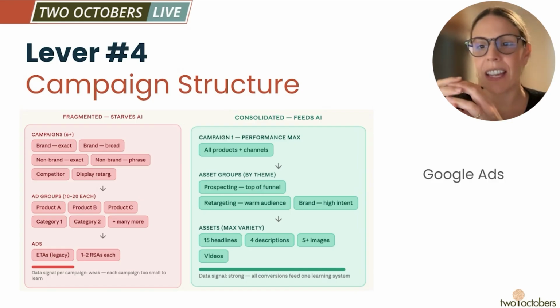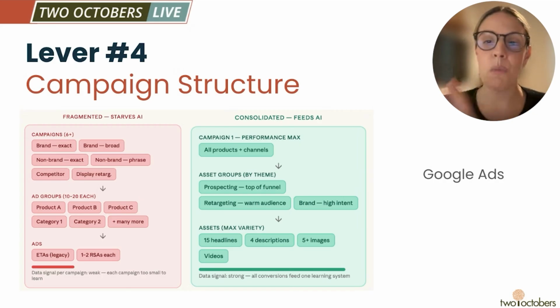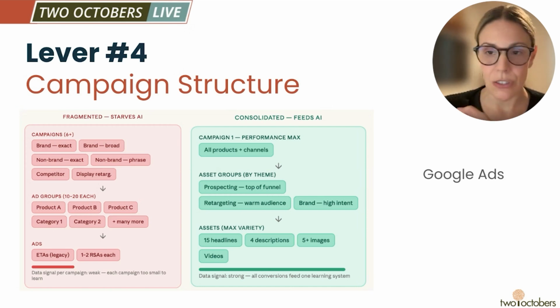Now we're building campaigns that have a little bit less direction from us and more direction from the platform without handing over too much control, because we still have all of these levers that we can toggle on or off to ensure that if we want to hit a prospecting audience, we can still do that within our asset groups.